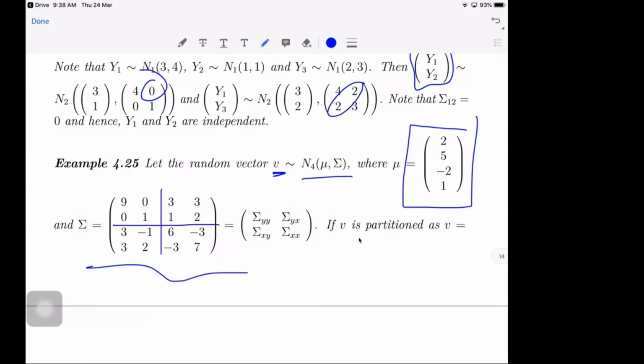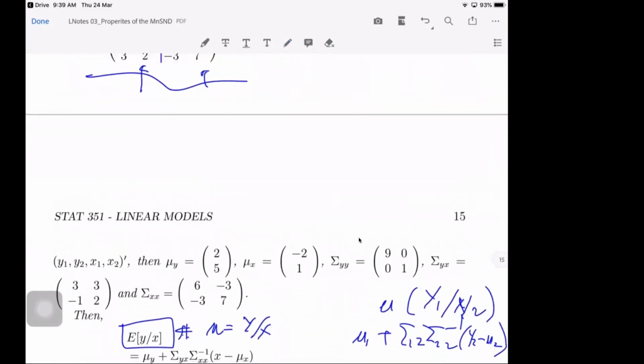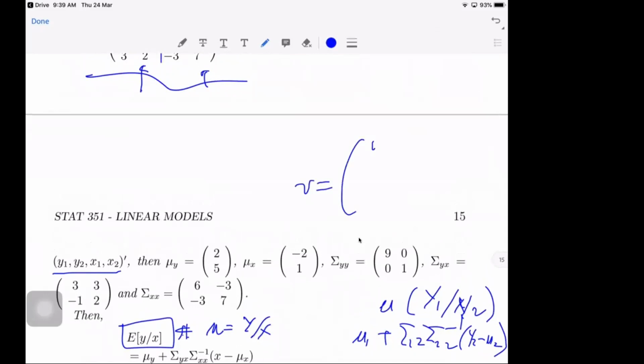For easy partition, this part here will be sigma yy, this part here is sigma yx, sigma xy, and sigma xx. So we partition it in this manner. Our v is y1, y2, and then x1, x2.